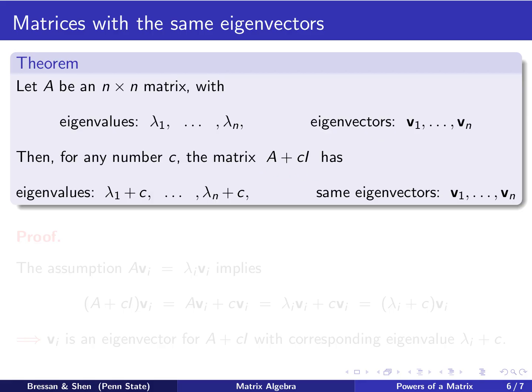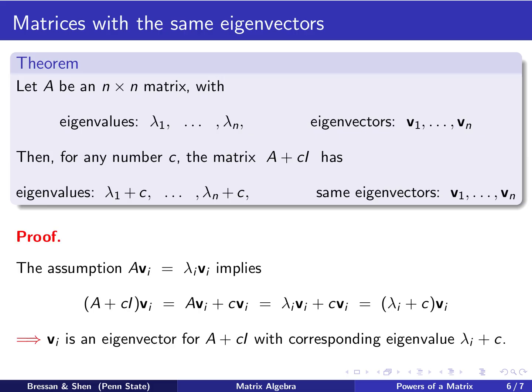For this matrix, you don't need to compute its eigenvalues and eigenvectors anymore. You can use the existing result. Your eigenvalues would simply be all the eigenvalues plus c: lambda 1 plus c, lambda 2 plus c, and lambda n plus c. And the eigenvectors remain the same, unchanged from the A matrix.